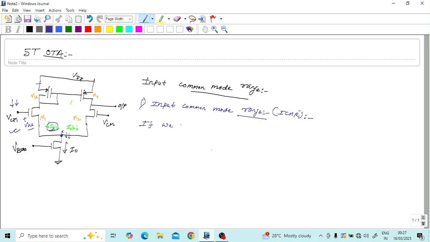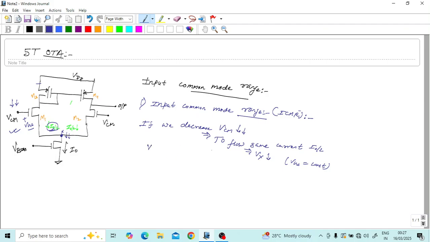If we decrease VCM, to flow the same current I0 by 2, our Vx should also decrease such that our VGS will be constant.